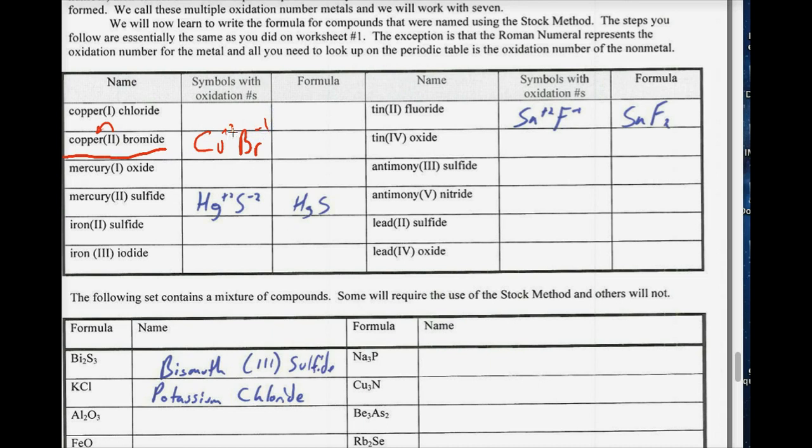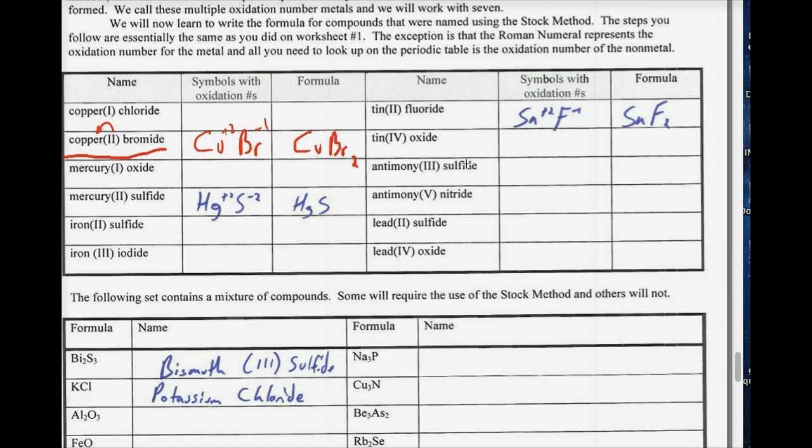And it's Cu +2. I'm getting that +2 from the Roman numeral. Bromide, which is bromine, you look that up and you see it's -1. So my formula will be CuBr2. Again, the same reason as before. I have to achieve a neutral compound here. So in order to do that, I have to have 2 bromines for every 1 copper.